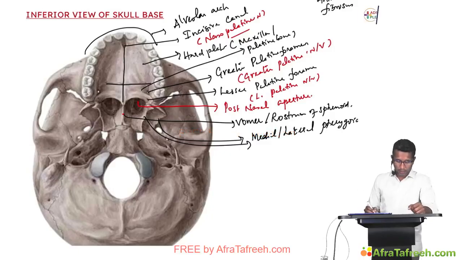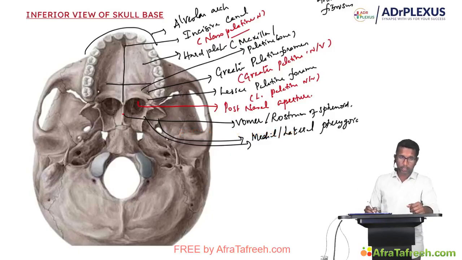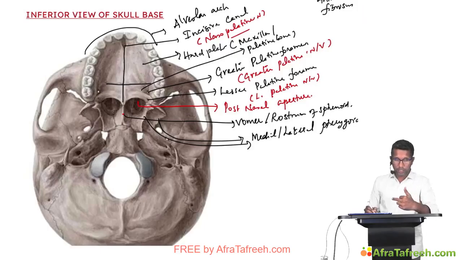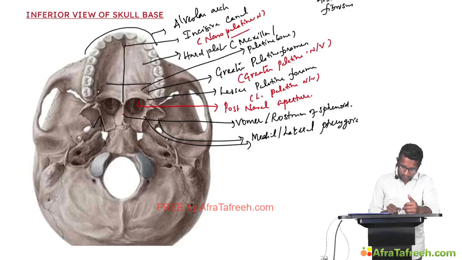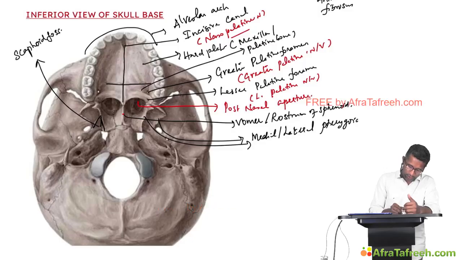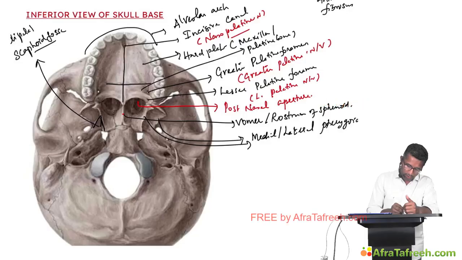If you trace the medial pterygoid plate above, it divides into two and encloses a fossa. This fossa is called the scaphoid fossa, and it gives origin to a muscle called tensor veli palatini.